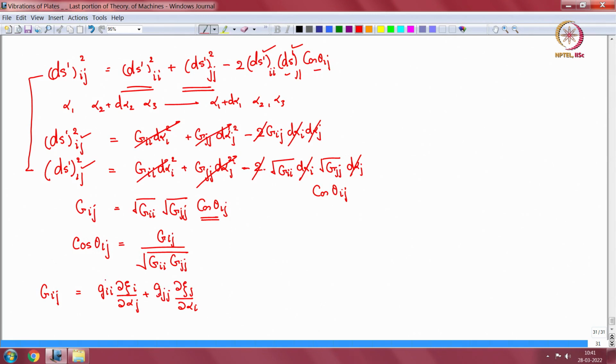Now this is part of the Taylor expansion on G_ii. So this is like a correction term.